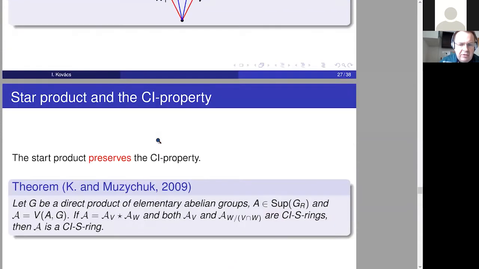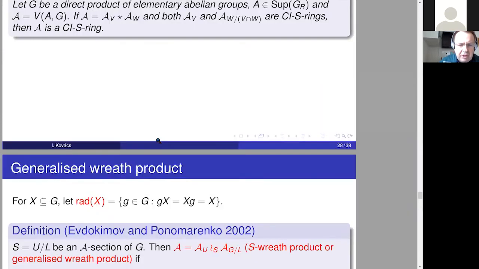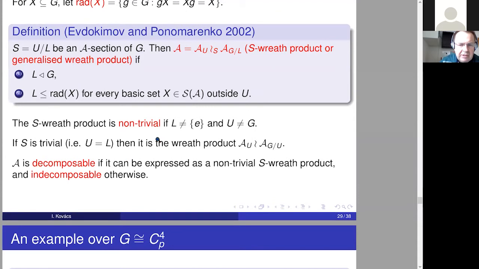So this is the generalization of the wreath product actually, for this reason.